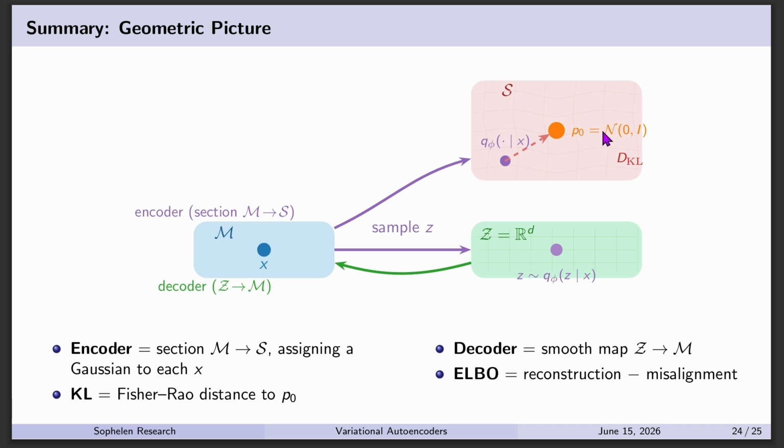Okay. All right. So you send to these points. The KL divergence makes these points as close as possible to this distinguished point. But there's another term, the reconstruction term. It makes sure that these Gaussian blobs are distinctive enough so that you can always go back and reconstruct your original images or original data point.